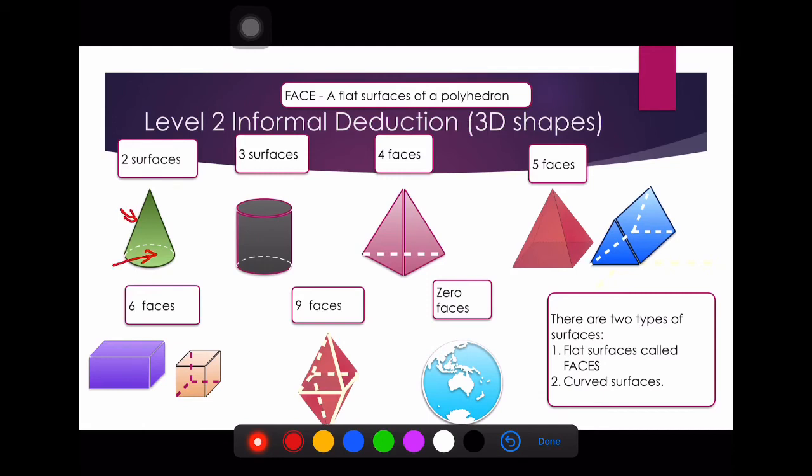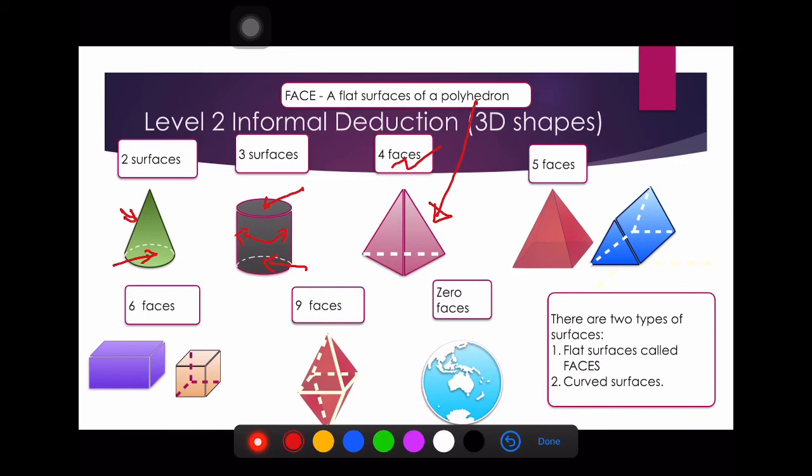For cylinder, it has 3 surfaces, 2 flat surfaces and 1 curved surface. Now for triangular pyramid, it has 4 faces because it is a polyhedron. Since all the flat surfaces are there, as you count the faces, you will see that it has 4 faces.